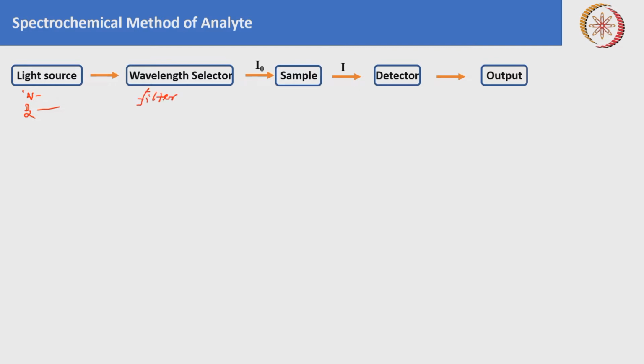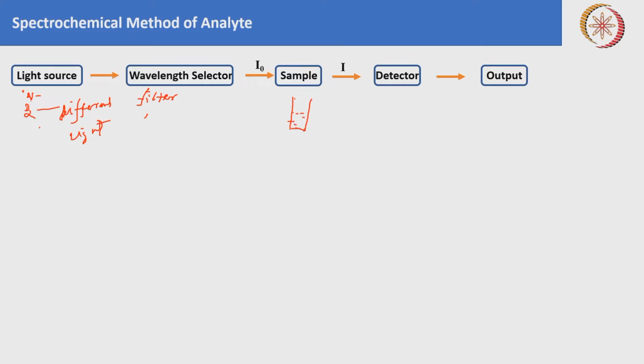There is a filter or monochromator, because the source has so many different wavelengths of light, but we need monochromatic light of one particular wavelength to be absorbed by the sample, so we can get the absorbance spectra over a range of wavelengths.